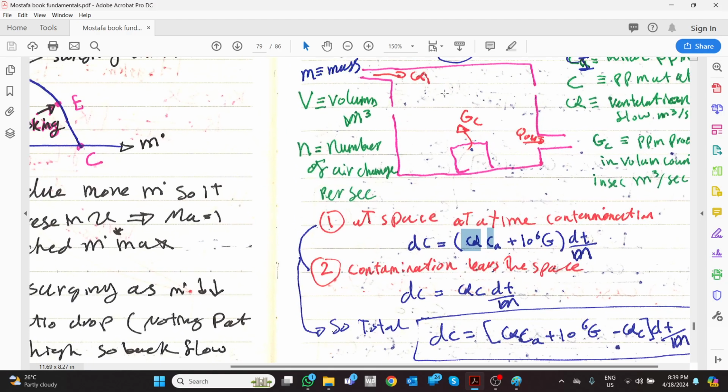The change of the concentration due to leaving air depends on how much air has gone, with its concentration C, the concentration of that room at a certain time, dt over m.